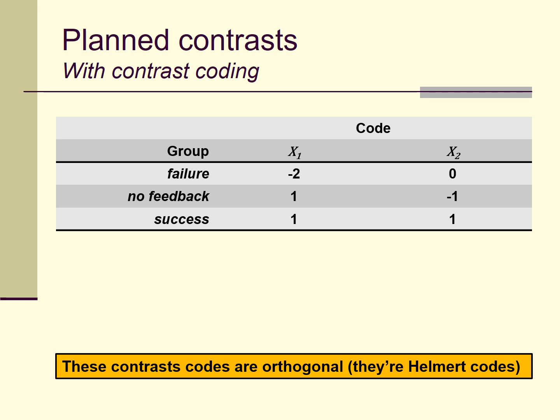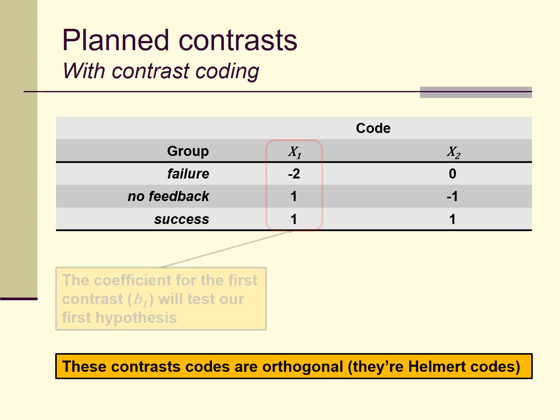The essence of Helmert contrasts is you take one level of a predictor variable and compare it to the average of all subsequent levels. So the failure group is compared to the average of the no feedback and success groups, and then for the second contrast there are only 2 levels left, so it's just the no feedback group compared to the success group.